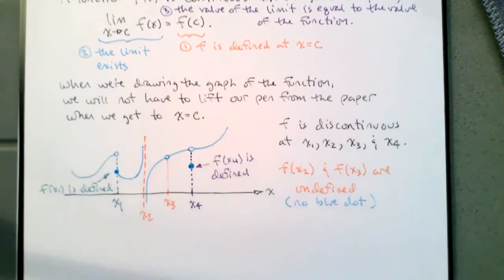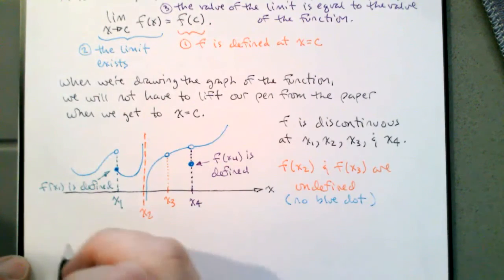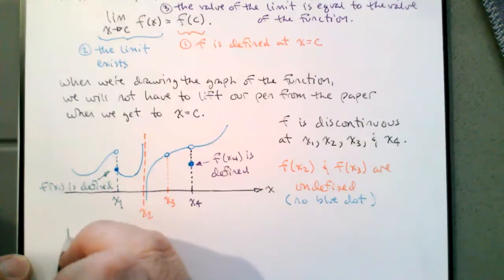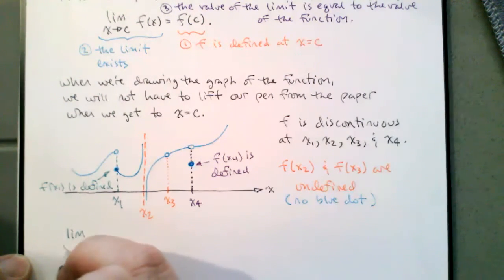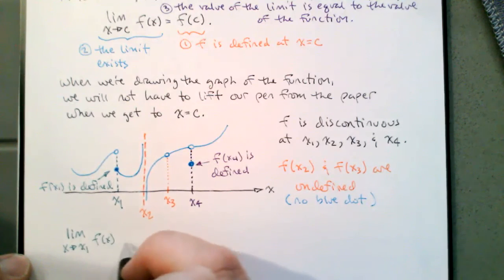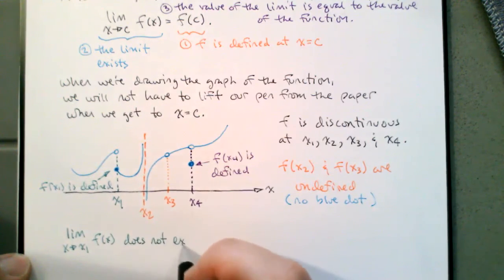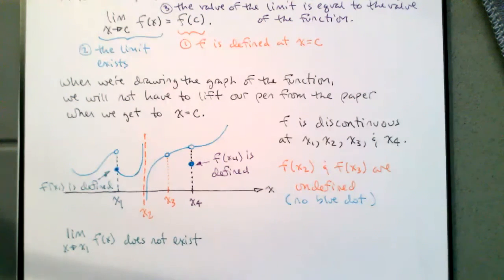So the problem at x1 is that the limit as x approaches x1 of f of x does not exist, because the left and right ends are headed to different values. We are never getting close to one value.